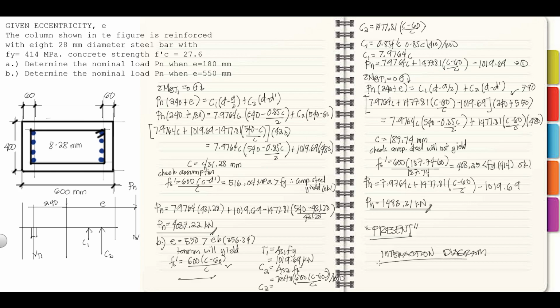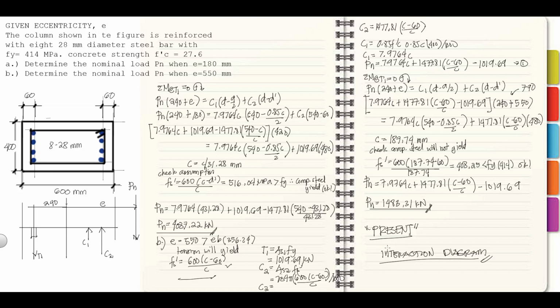Para mas ma-check natin if pasok yung mga values. Okay, yung certain value, will the column carry or safely carry the value, your nominal load. Okay, so yun yung check natin.